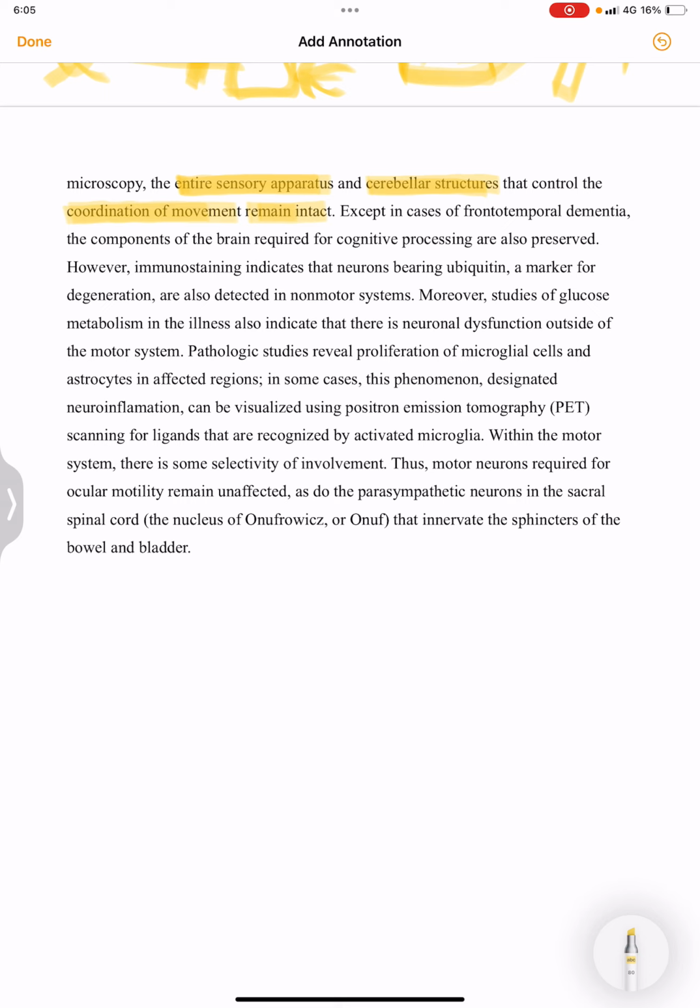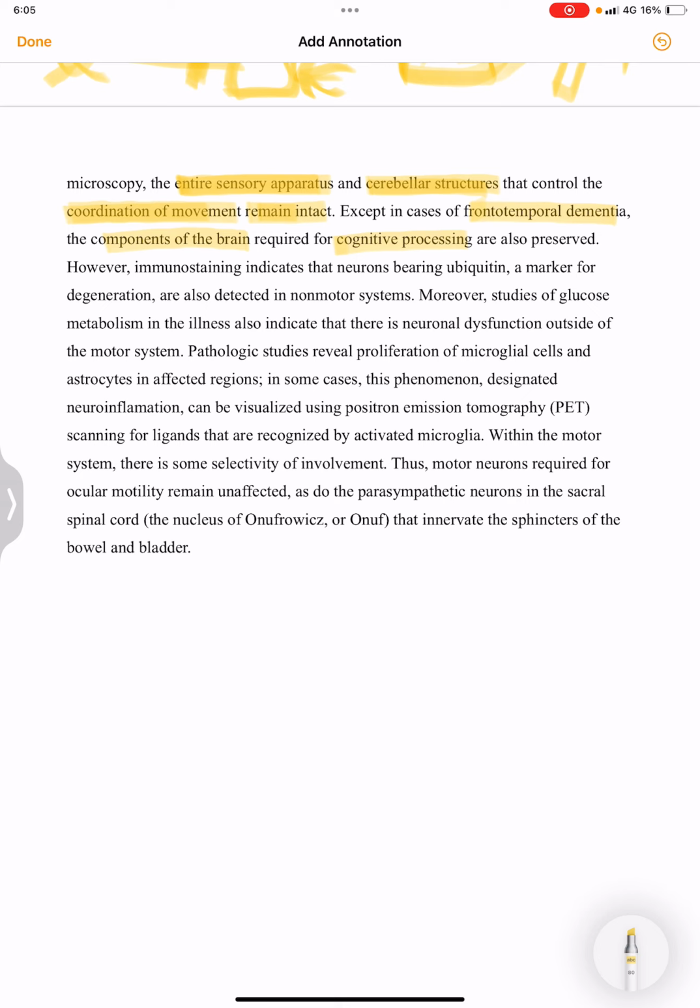When this is associated with frontotemporal dementia, then cognitive processing is affected. Otherwise, if there is no frontotemporal dementia, cognition is normal.